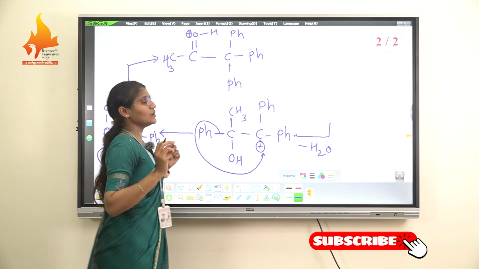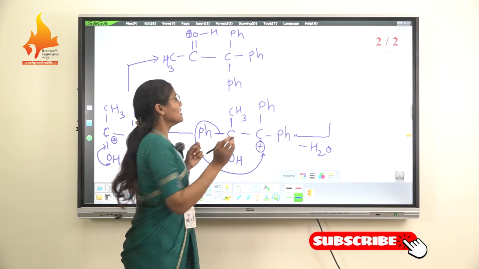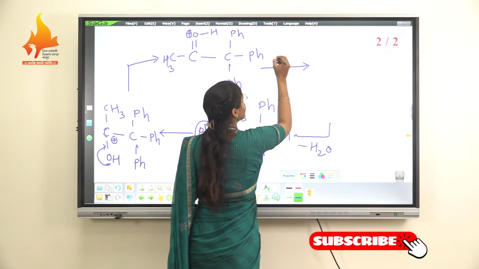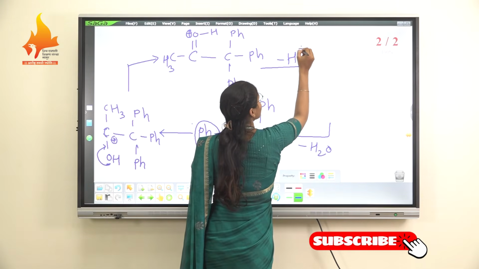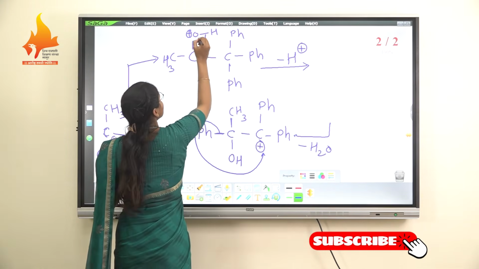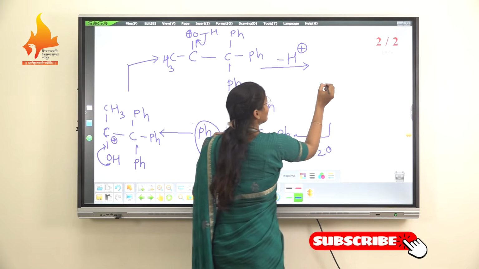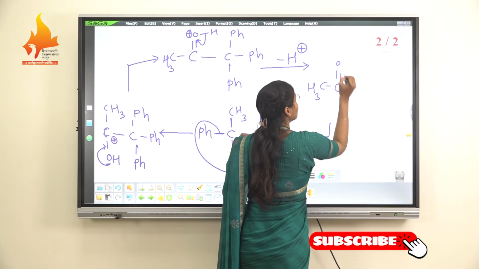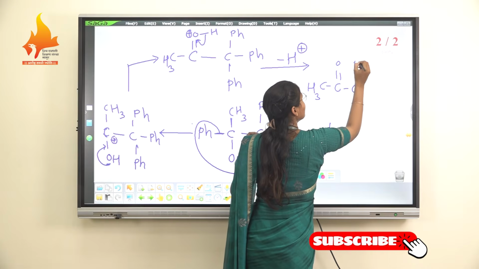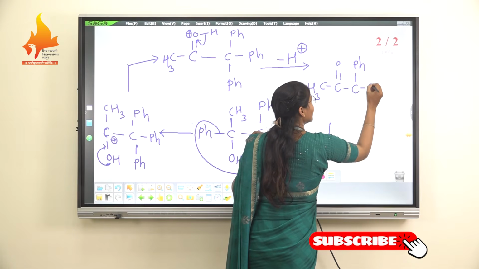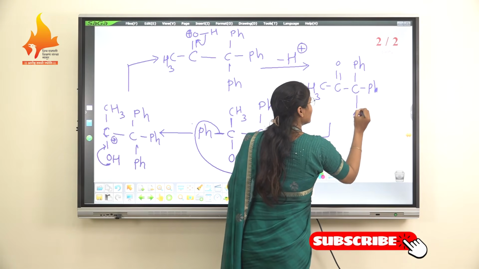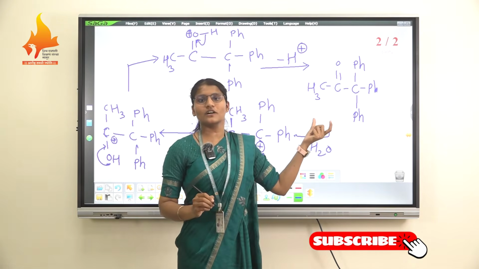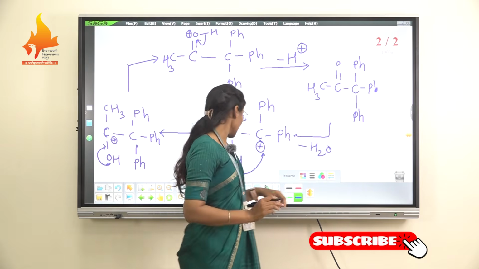After this, we use acid as a catalyst, which regenerates in the last step, minus H plus. So H plus will regenerate and we will get the product CH3, C double bond O, C, Ph, Ph, and Ph. And this is the product for this reaction.